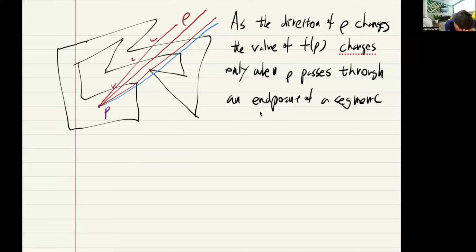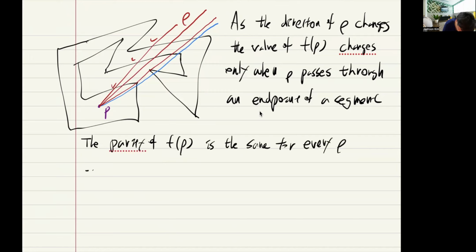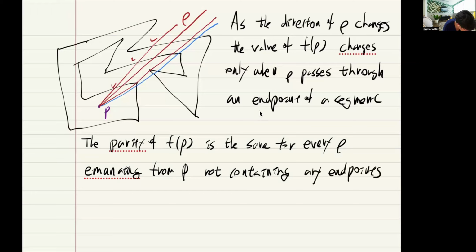But what we can see is that the parity of this f of rho is the same for every ray emanating from P, as long as it doesn't contain endpoints of a segment of C. So this is a polygonal curve.